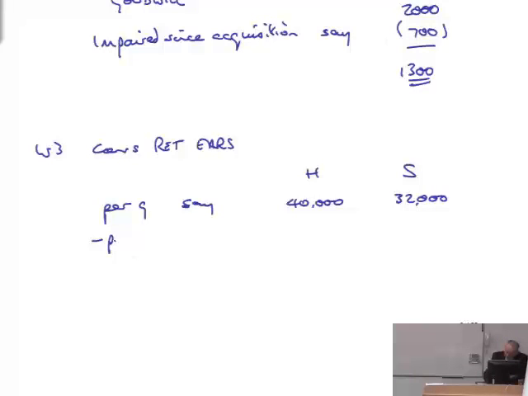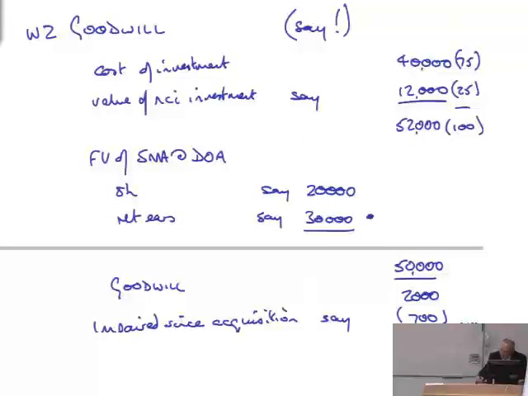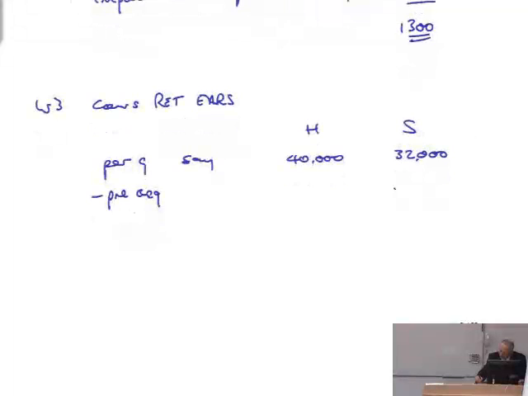Less pre-ac, which you should by now be getting used to the idea of taking the pre-acquisition profits off the subsidiary's results. Pre-acquisition, we decided up here, was 30,000. So deduct the pre-acquisition from the subsidiary today.